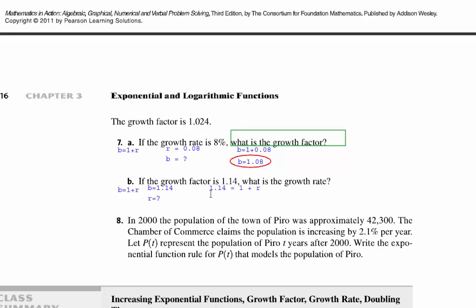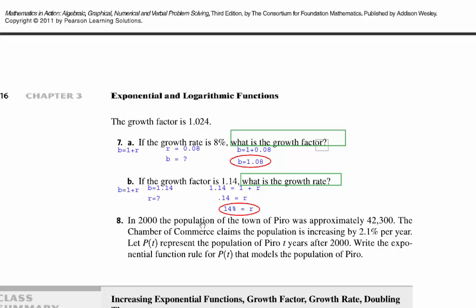I sub the 1.14 in for B and solve for R. If I subtract 1 from both sides, I'm left with 0.14 equals R, and we can change 0.14 to a percent by moving the decimal 2 places to the right and adding the percent sign. So my growth rate is 14%.